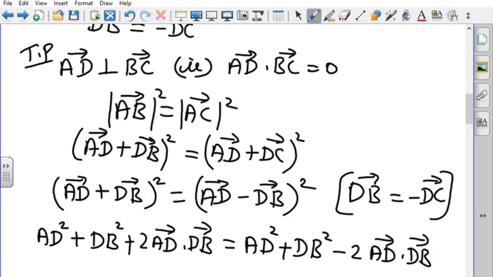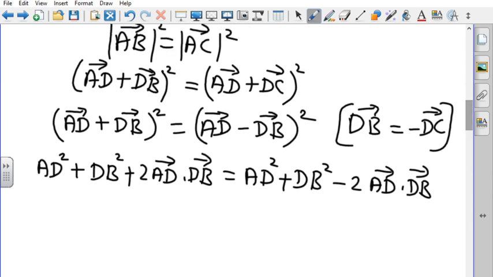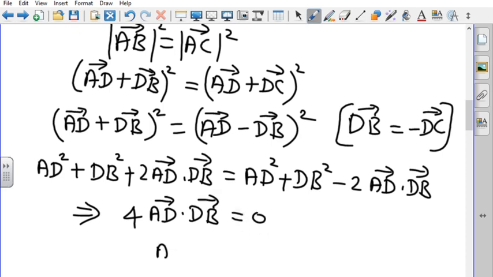Okay. Now the same terms we can cancel on both sides. So you are getting 2 AD dot DB, and bringing it to this side, we get 4 AD vector dot DB vector is equal to 0. Taking 4 to that side, AD vector dot DB vector is equal to 0, isn't it?